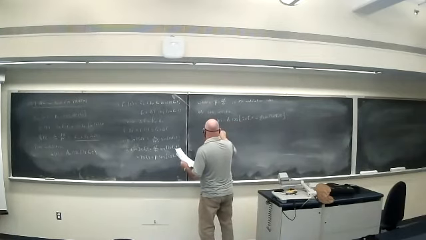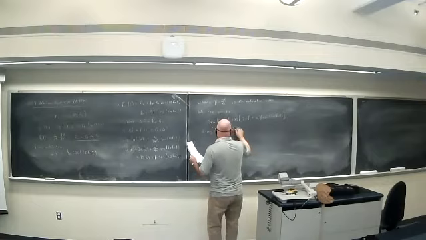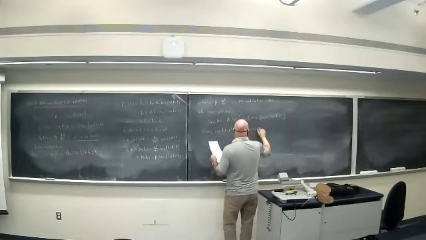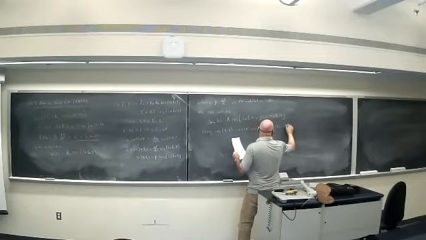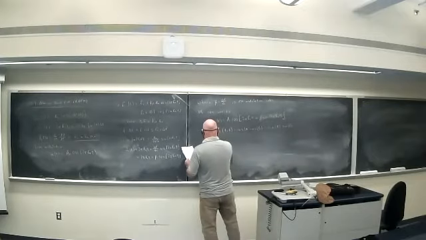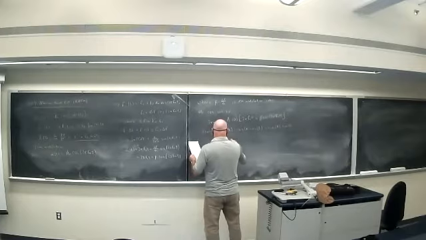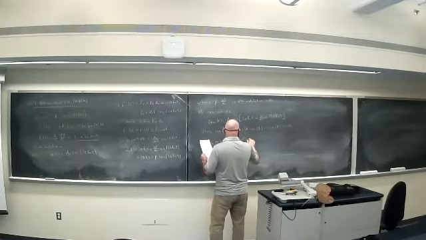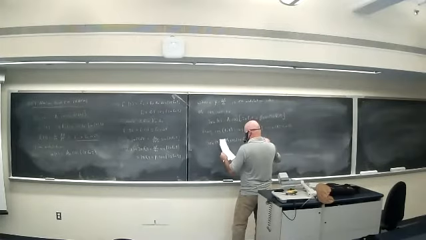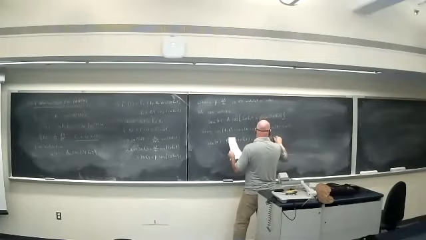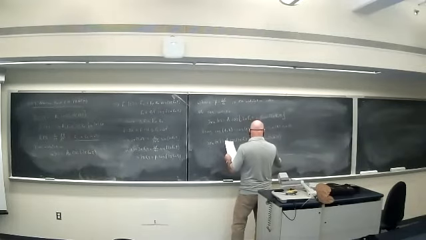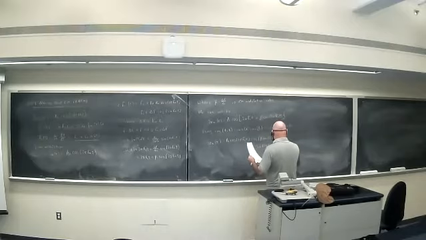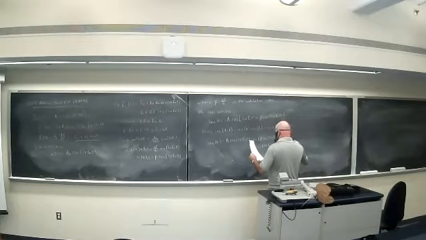Using cosine of A plus B is cosine of A times cosine of B minus sine of A, sine of B, I get AC cosine of 2 pi FC t times cosine of beta sine of 2 pi FM t, minus AC sine of 2 pi FC t times sine of beta sine of 2 pi FM t.